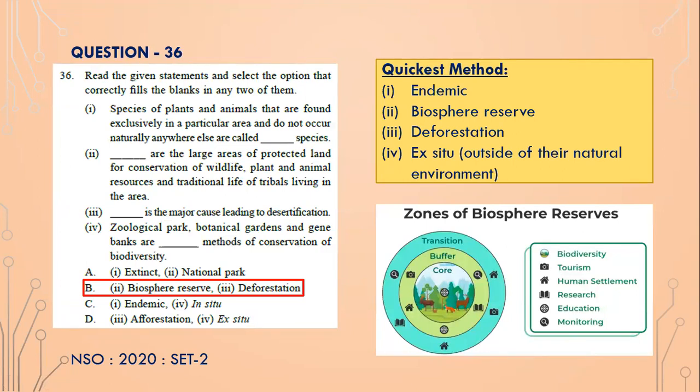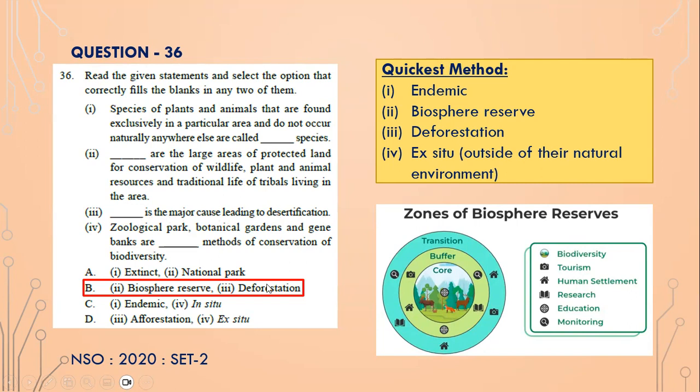Read the given statements and select the option that correctly fills the blanks in any two of them. Okay, so which are the two? Dash are large areas of protected land for conservation of wildlife, plant and animal resources and traditional life of tribals living in that area. So what is this? Easy one, biosphere reserve. And dash is the major cause leading to desertification.